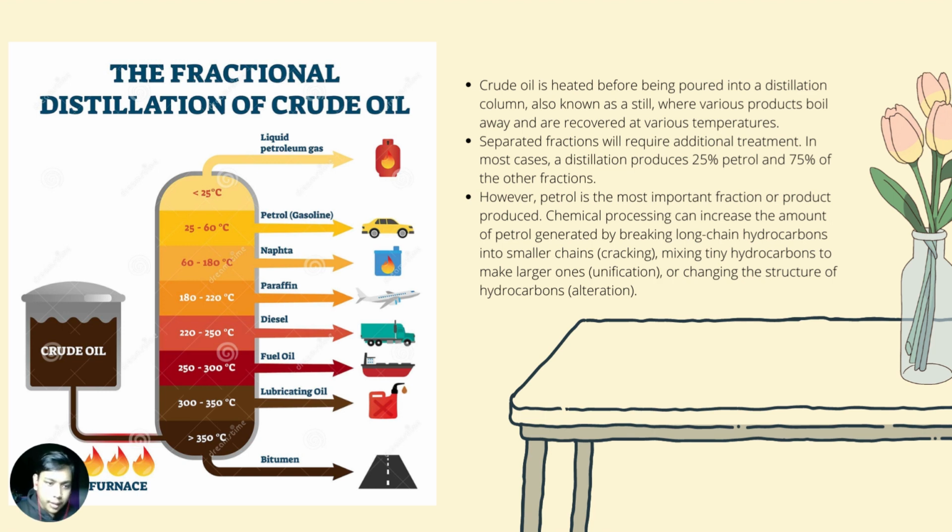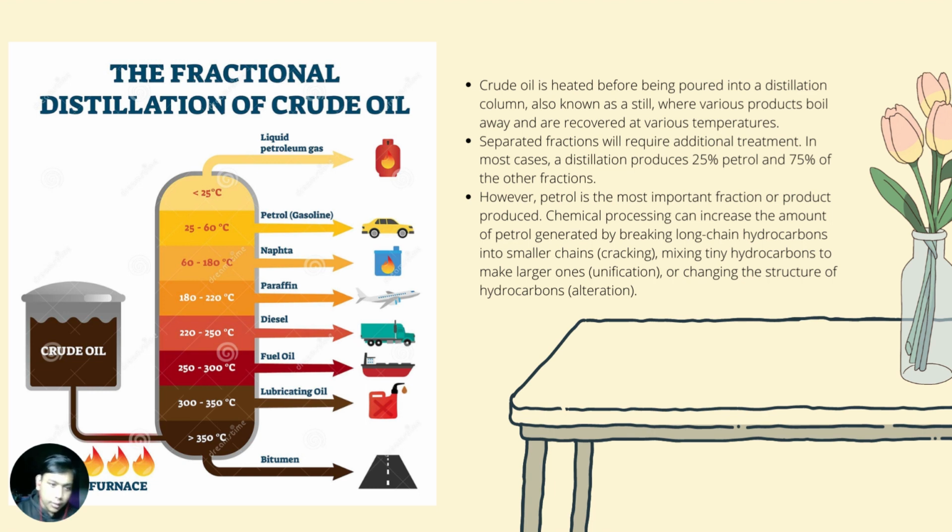Okay, at the temperature below 25 degrees Celsius, there's a point for liquid petroleum gas. At the range of 25 to 60 degrees Celsius is a point for petrol or gasoline.